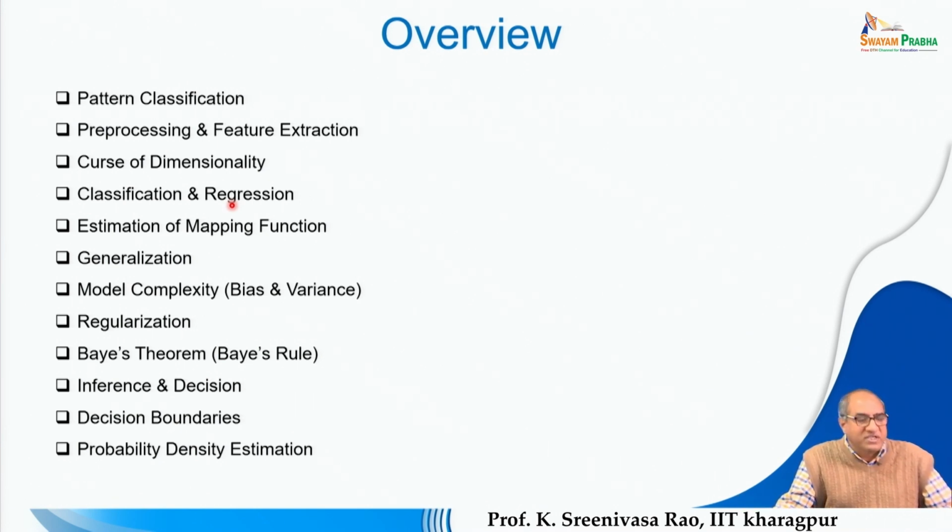Usually in a classification problem, the output will be discrete, a number of classes, as in a speech recognition problem where the outcome will be one among the 40 phonemes or 40 sound units. Similarly, in handwritten character recognition, the number of classes will be 26.